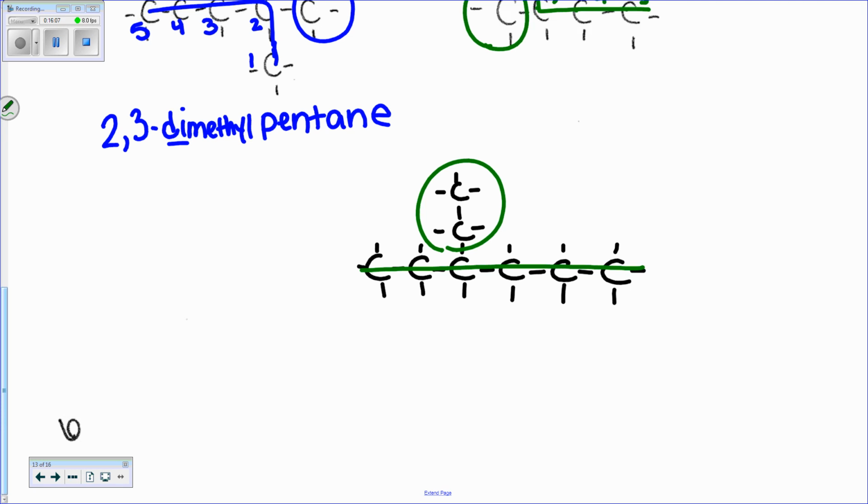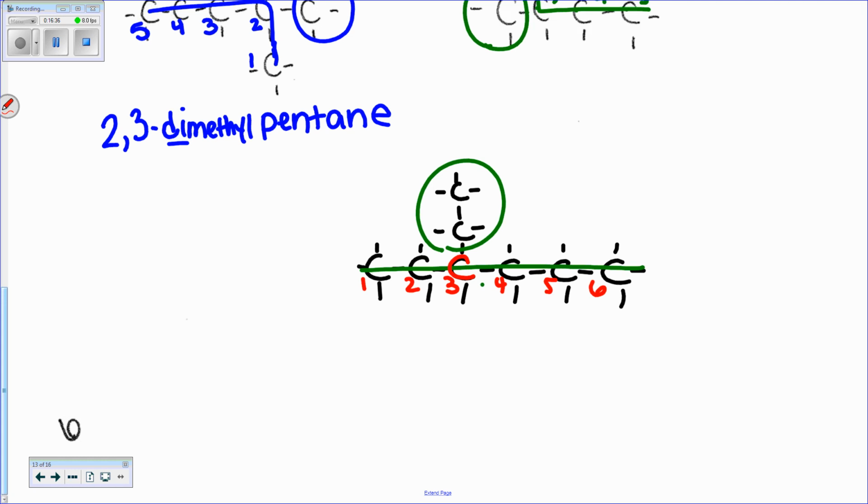I know I'm going to have to number my carbons. I could go 1, 2, 3, 4, 5, 6. That would put it on the 4th carbon. I don't think I like that. Let me put my H's back on. Because if I number it this way, 1, 2, 3, 4, 5, 6, it puts it on that 3rd carbon.